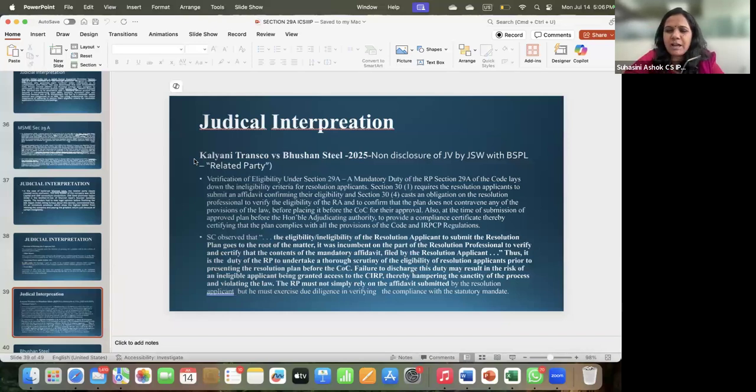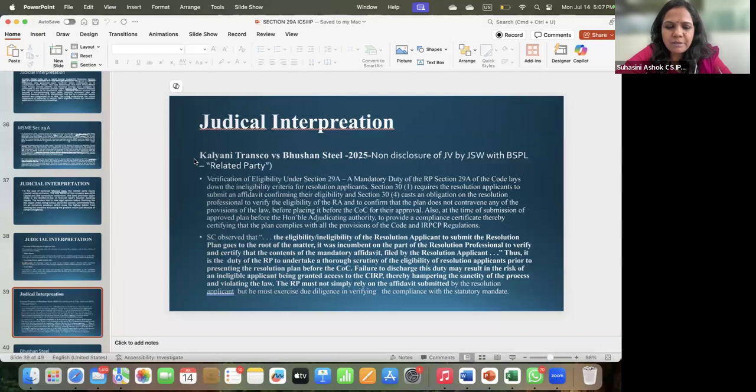Although the affidavit submitted by the resolution applicant gives us a cushion, the responsibility and duty mandatorily cast on the RP to verify the eligibility remains with the RP. So the RP has to confirm whether the RA is eligible and does not contravene the provisions of section 29A, also before placing the plan for approval.